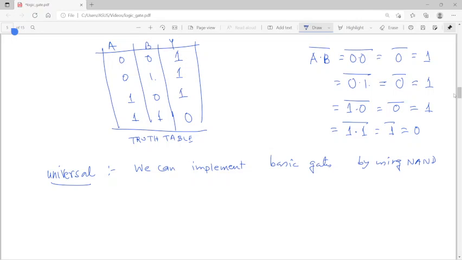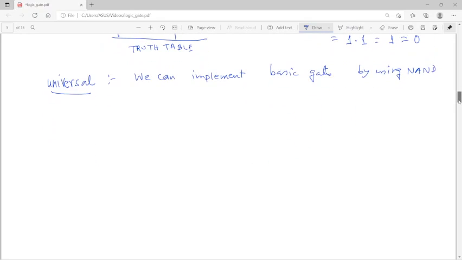So we said we can implement basic gates by using NAND, but how? If I want to implement the AND gate by using NAND, what is the output of AND? Output of AND is Y equals A dot B. I can draw it like that.